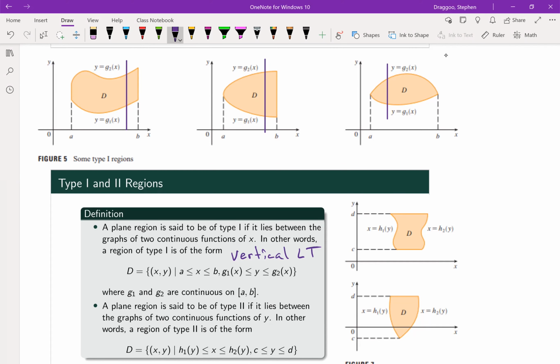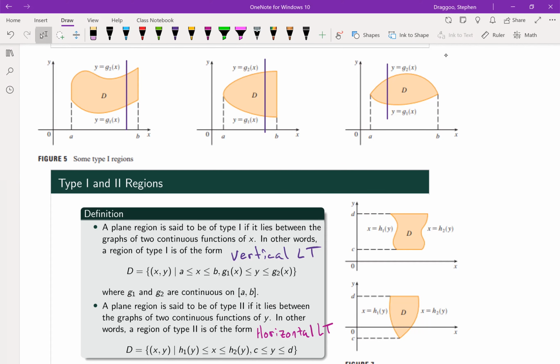A region is type 2 if it does the conjugate of that. So instead of lying between functions of x on top and bottom, I want it to lie between functions of y on left and right. If type 1 passes the vertical line test, a type 2 should pass a horizontal line test.